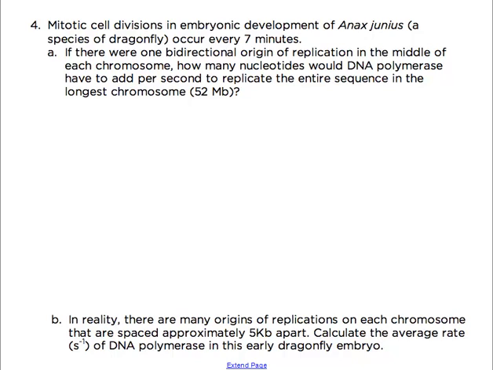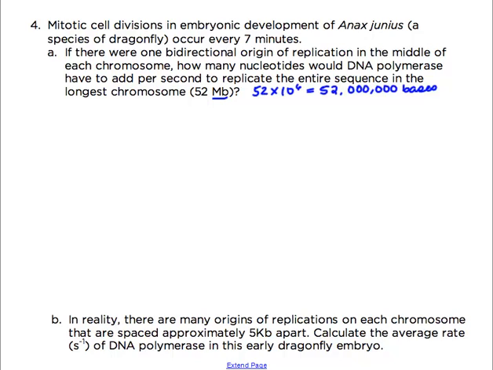So first you have to know that megabases is really times 10 to the 6th. So 52 times 10 to the 6th equals 52 million bases in the longest chromosome. And they want to know the rate of DNA polymerase, or how many bases it needs to add per second, in order to replicate this entire sequence.